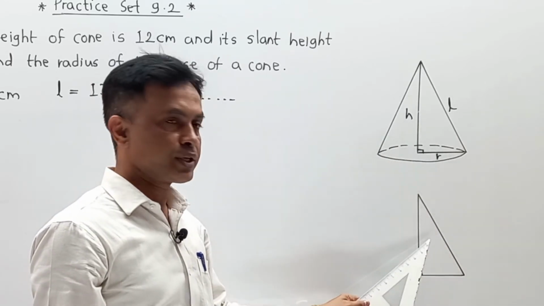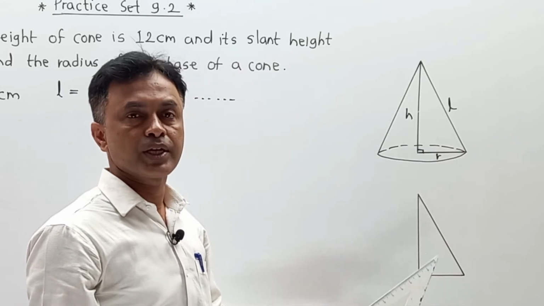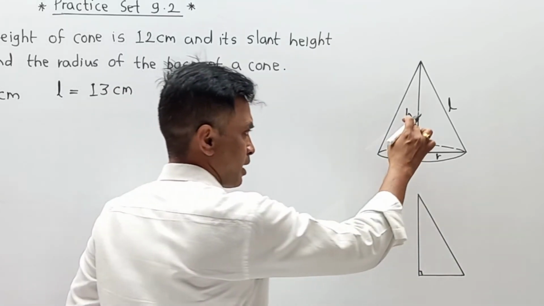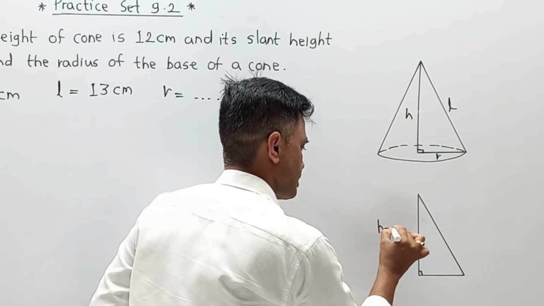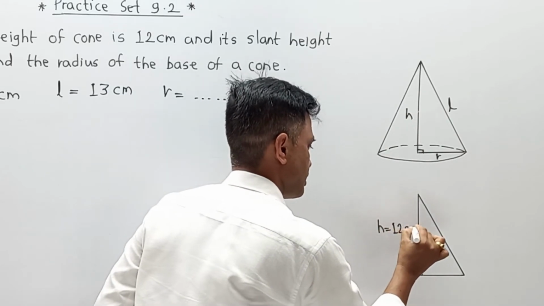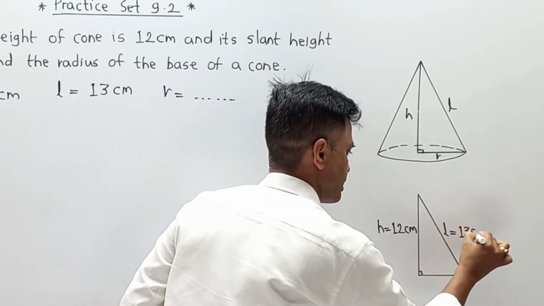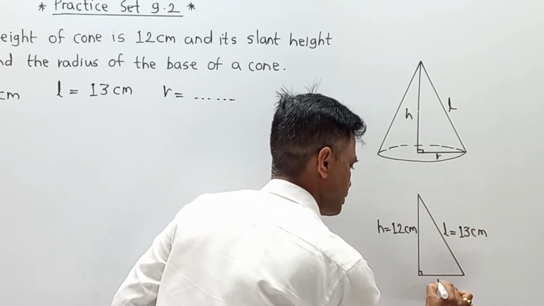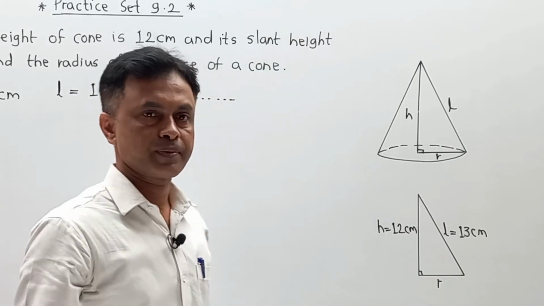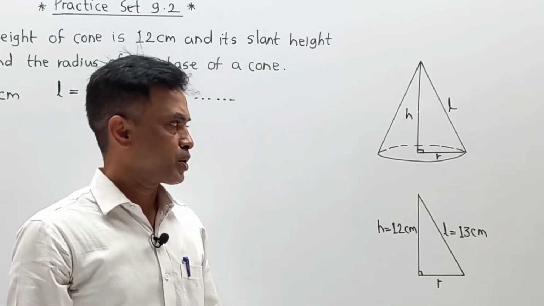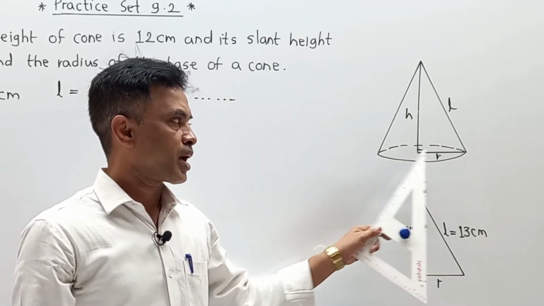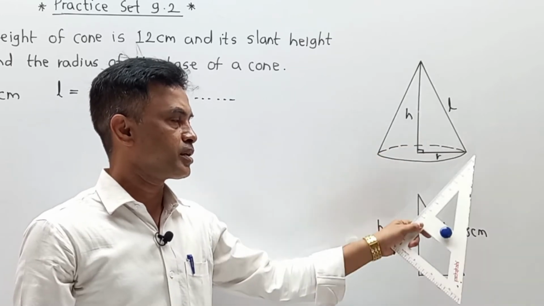The same part I have drawn in triangle form, so you can easily understand. They have given vertical height h as 12 centimeter, slant height L as 13 centimeter, and as per the question, find the radius. Now we very well know, as per this condition, r square plus h square is equal to L square.